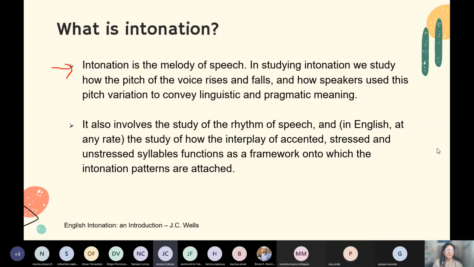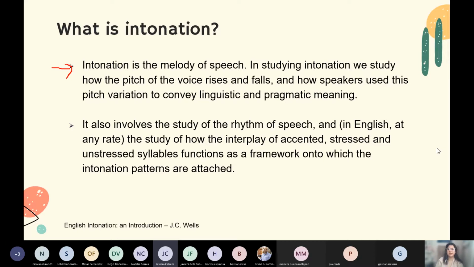So it says that intonation is the melody of speech. Do you know, like in songs, you have a melody? That's what intonation is of speech. It says, in studying intonation, we study how the pitch of the voice rises and falls, just like in the previous exercise. In the first one, it falls.